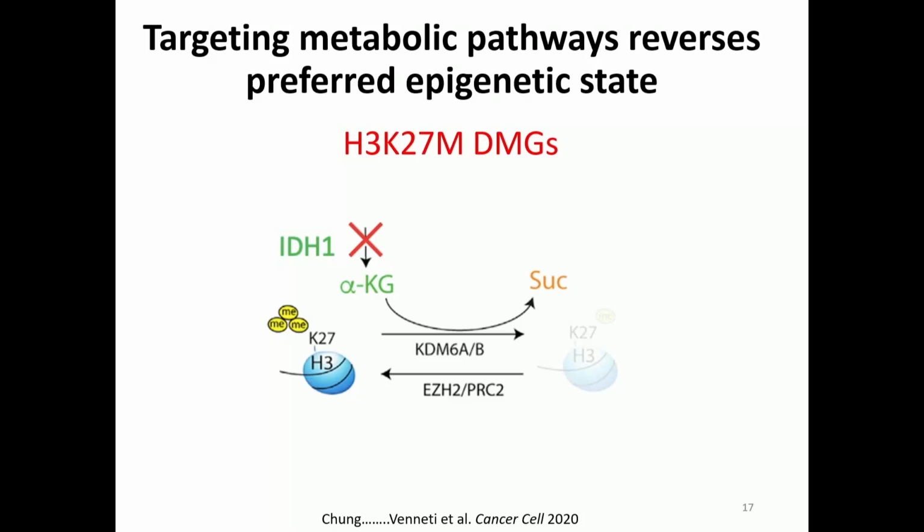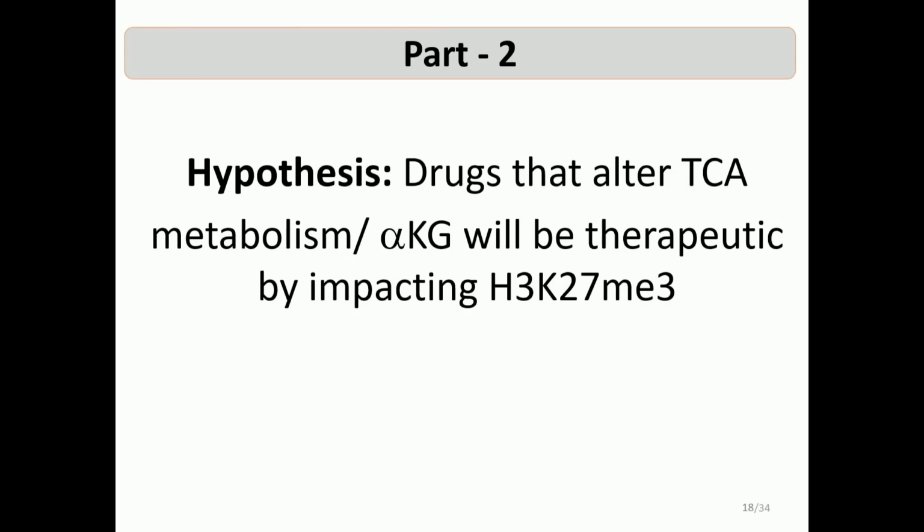So this study was really interesting to us to suggest that the epigenetic and metabolic pathways talk to each other in these mutant tumors. However, the IDH1 inhibitor is just a tool compound. So we were searching for a drug with the hypothesis that drugs that alter TCA cycle metabolism and alpha-KG levels will be therapeutic by impacting 27-trimethyl, and by impacting, I mean maybe reversing the 27-trimethylation.